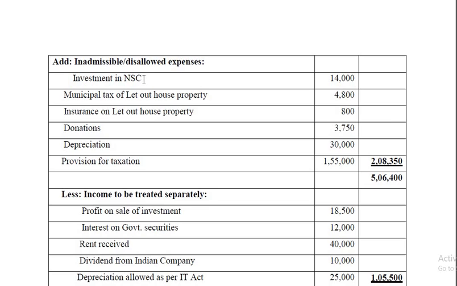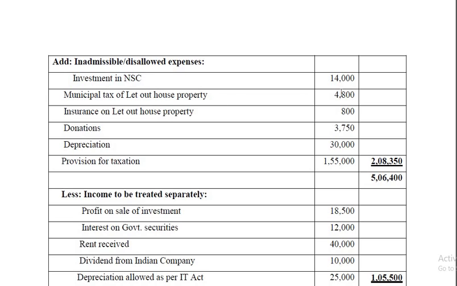Investment in NSC, I already told you this is not allowed, and in the case of individuals and HUF, deduction is allowed under 80C, but here since it is a corporate entity, deduction is not applicable under 80C. So here, while computing business income, you deduct.